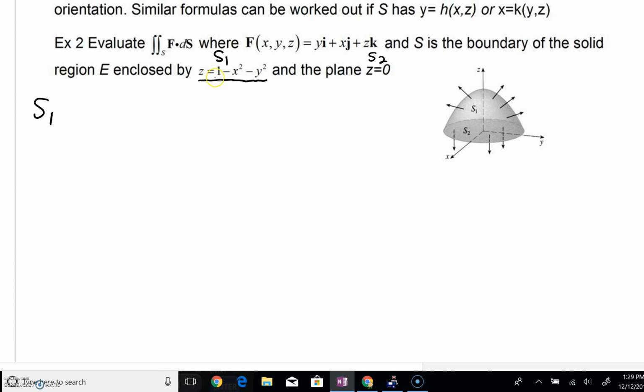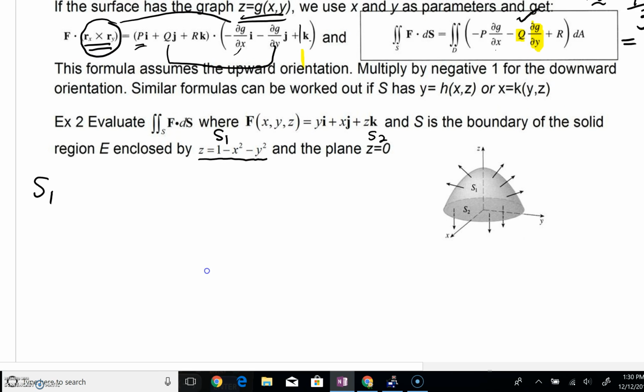You could say right here, z is 1 minus x squared minus y squared. Guys, that's really what we have for our g of x and y. We could say z is equal to 1 minus x squared minus y squared. That's like your g. And we very well will want to find the partial derivative of g with respect to x.